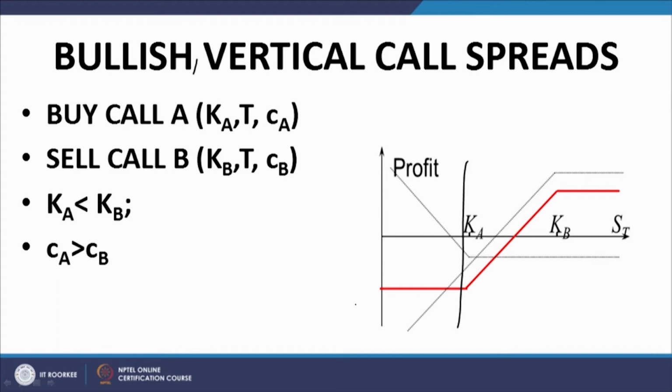Both are European and both are call options. One is long, that is A, the other is short, that is B. The exercise price of A is lower, the exercise price of B is higher. Therefore, what will happen?